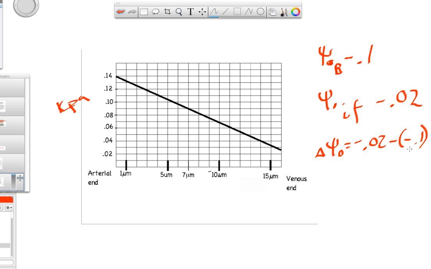Well, minus 0.02 minus minus 0.1 is 0.08. Okay, and if that's true, then that's the difference in osmotic potential in the blood and the interstitial fluid, and I can graph that. And I can see that, I don't know, somewhere in between 8 and 9 micrometers is where the fluid stops exiting the blood and begins to enter the blood.